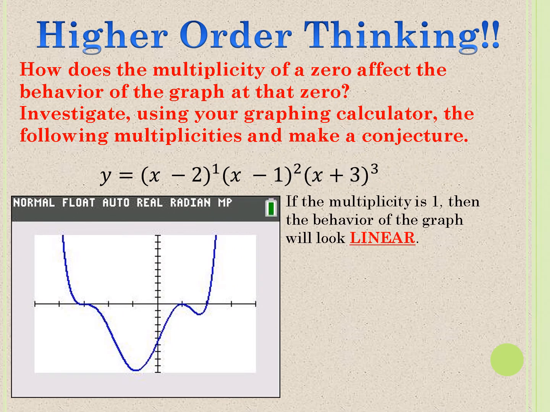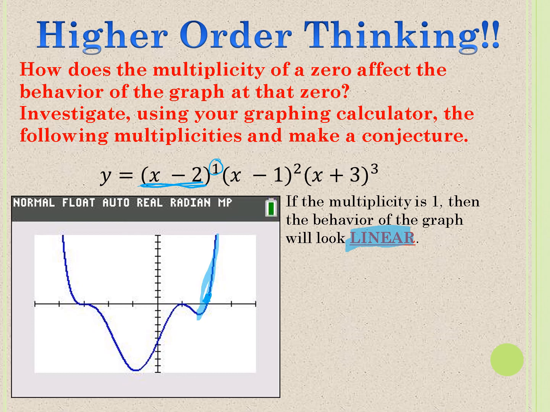Okay, if the multiplicity is 1, so take, for example, here at x equals -2. That means we have an intercept at -2. The multiplicity is 1, so it's going to go through, but did you also know as it goes through, the shape of your graph will look linear.